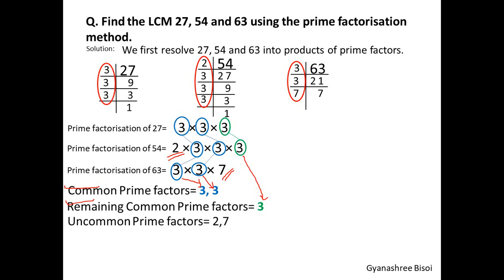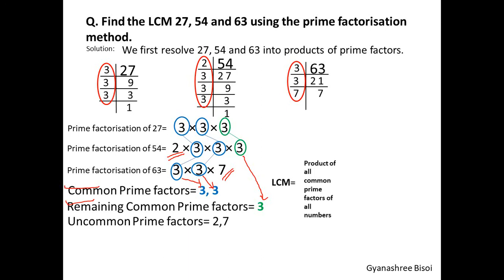So how to find the LCM? LCM is the product of all common prime factors, then multiplied by the common prime factors in 2 given numbers, then the uncommon prime factors. We need to multiply them all.